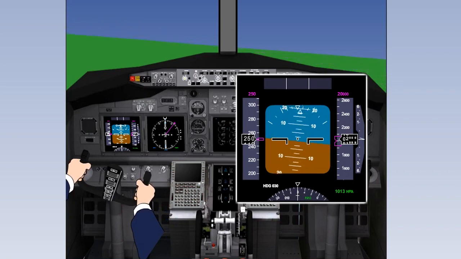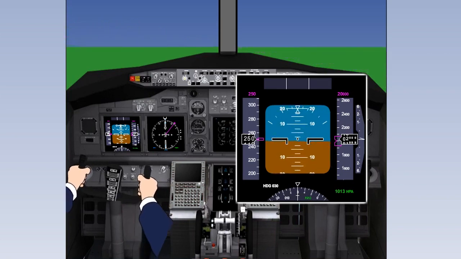Having made the correction, you can see the aeroplane moving back towards wings level. When the aircraft is back to the required attitude, the control input can now be removed, and the controls set to neutral. This process can be referred to as a control loop, following a sequence of continuous events.